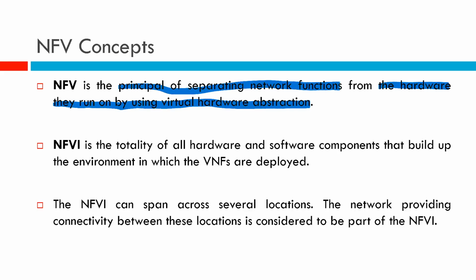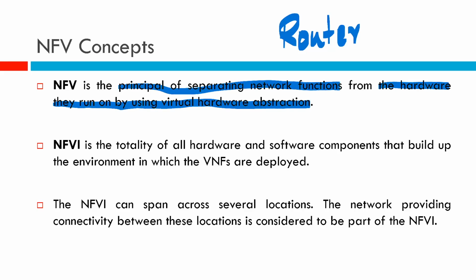So what does abstraction mean? You don't know what the function of the device is, but it functions. For example, the router. Okay, the router functions are very clear, but you may not need to understand the functions of routers.